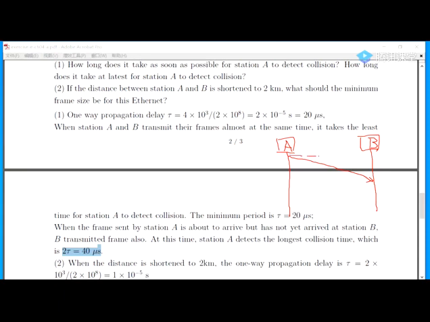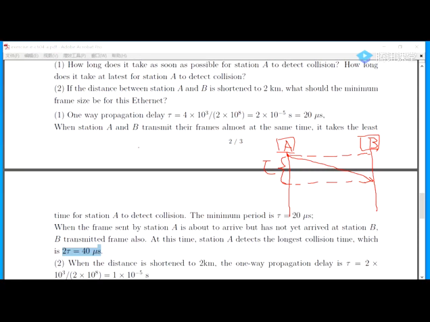Here is tau. The first bit arrives at station B, and the propagation delay is tau.